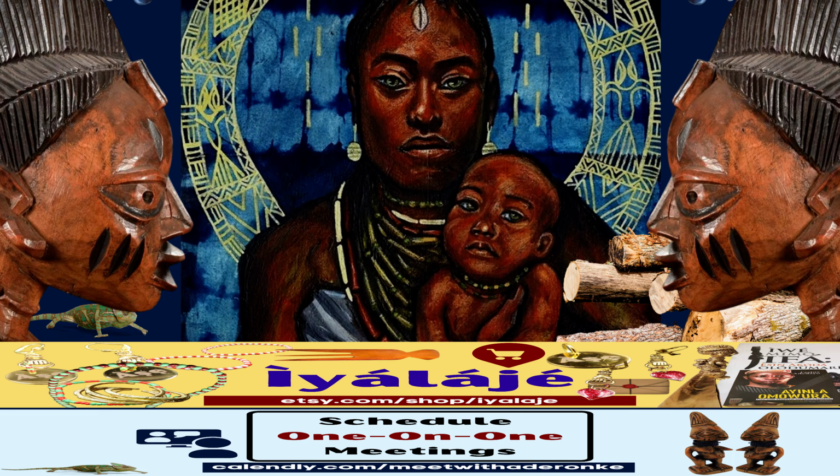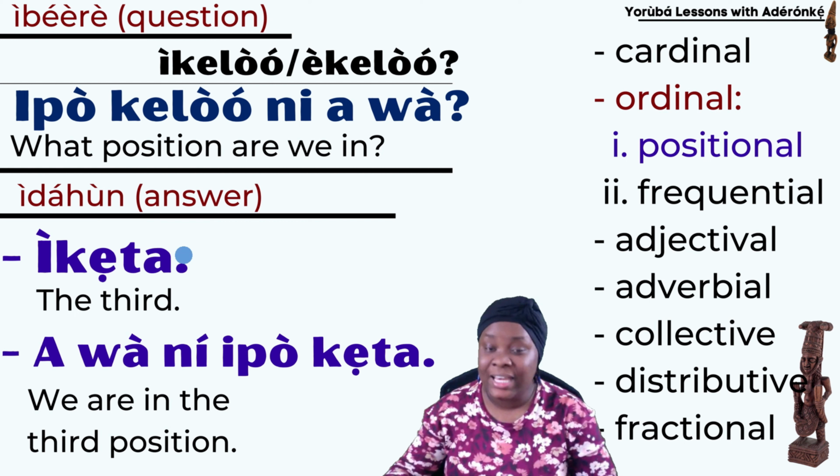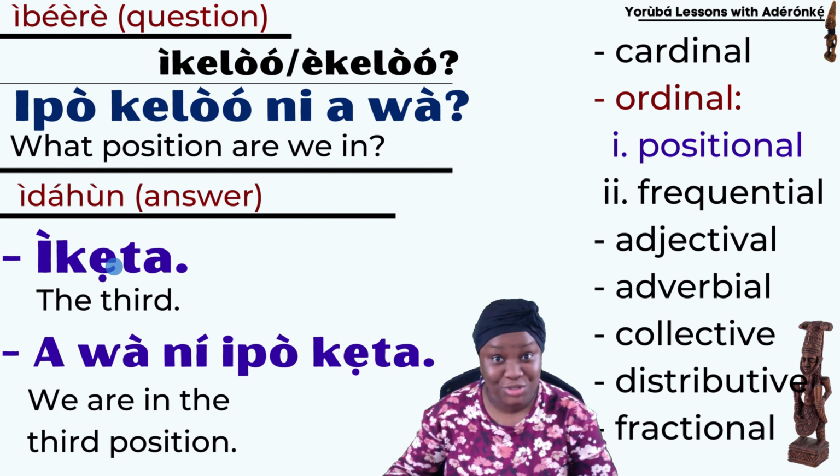You could either say ìkẹta, that's fine. That's sufficient. Let's say you are third, you're in a race, or something is in a race, or you are in a competition. Whatever the case, you are at the third position. You could simply say ìkẹta, and it would be a sufficient response.